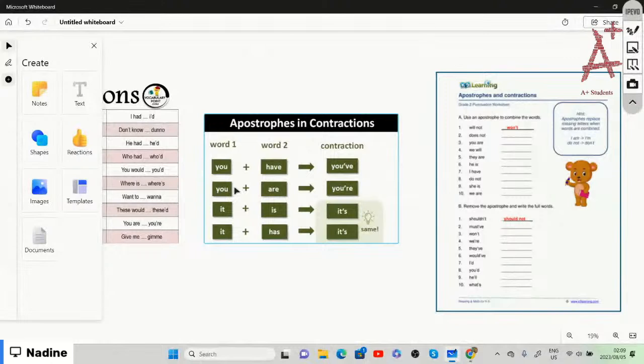But both it is and it has use the same contraction, it's, which is it, apostrophe, s.